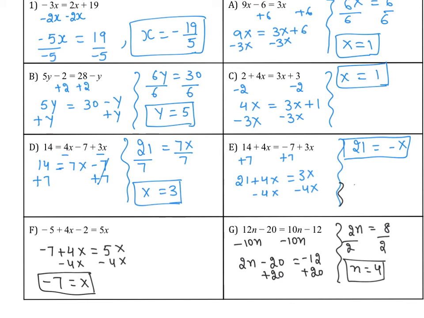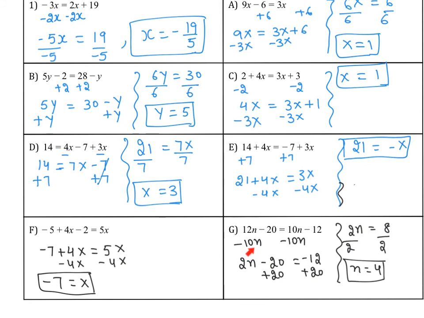For letter G, now the variables are on both sides and the numbers are also on both sides. So we're going to decide to bring the variable on one side, either one of the sides, and the numbers on the other side. So I'm going to subtract the 10n on both sides so that I get to combine the variables.